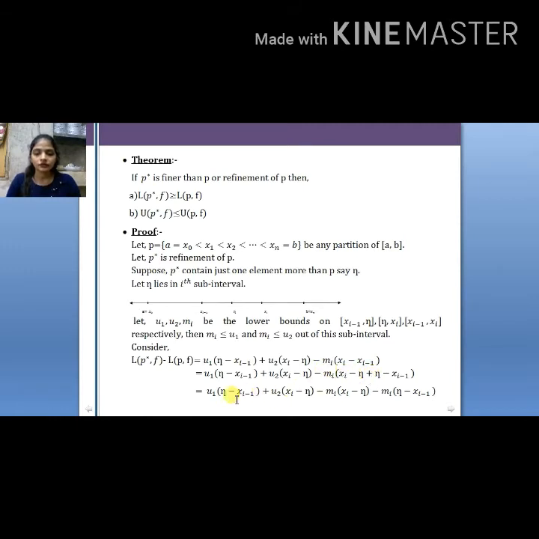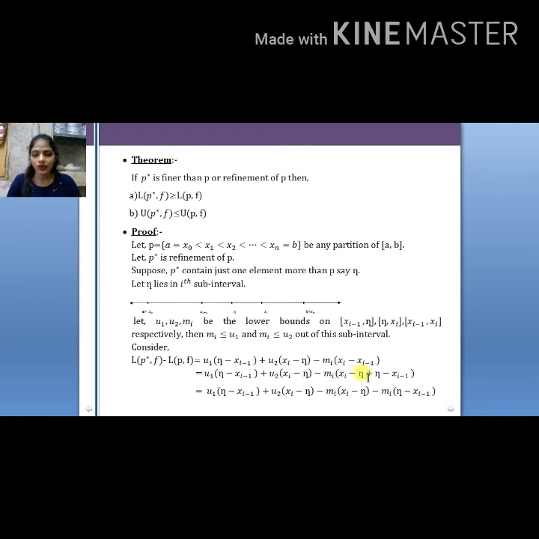Then the next line: u1 into (eta minus x_{i-1}) plus u2 into (x_i minus eta) minus mi into (x_i minus eta) minus small mi into (eta minus x_{i-1}). Here we separate that interval and multiply minus mi to both.